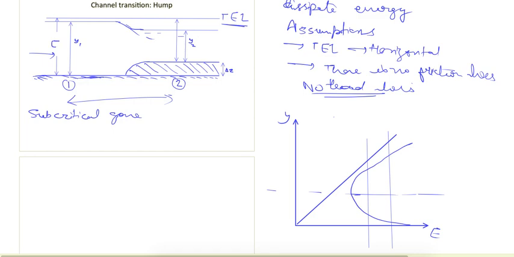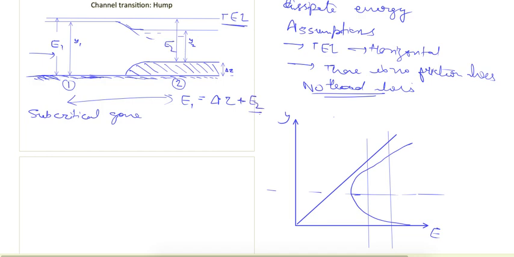So if this energy is E1, so here if I write the equation for total energy from this channel bed, it will be E1 is equal to, at section 1 it is E1, and for section 2 it will be delta Z, which is the height of this hump, plus E2.